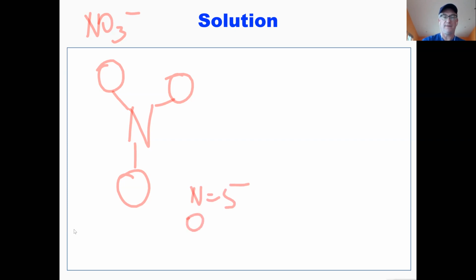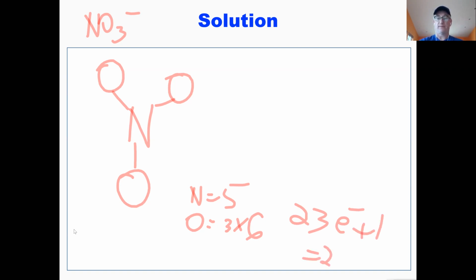And oxygen, as if we didn't know by now, has how many? 6. Talked about oxygen a lot today. So 5 and 18, that's 23. Are we done? Is that the total number? No, we have another electron to account for. That's right. It is a charge. So we add that one for a total of 24.